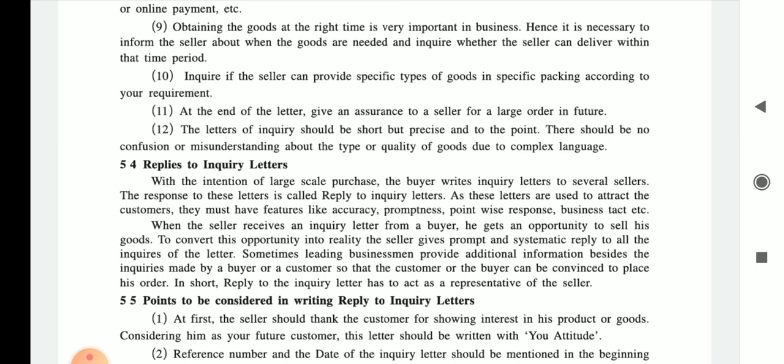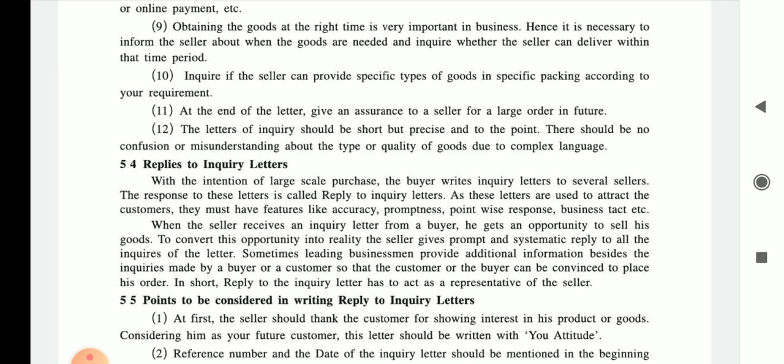If you do not inquire about this and the businessman or seller does not deliver the goods on time, at that time your prestige might be harmed. So this is a very important part while you are writing this type of inquiry letter, and you have to make clear whether the businessman or seller is able to deliver the goods on time or not.